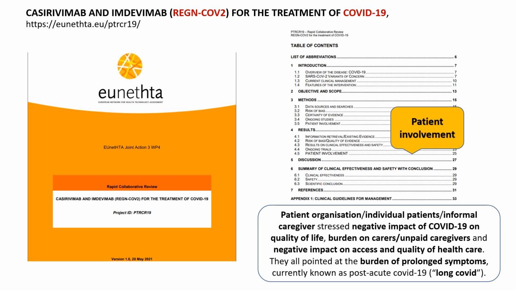A patient organization, an individual patient, and informal caregivers were involved, and they stressed the negative impact of COVID-19 on quality of life, burden on carers, unpaid caregivers, and also negative impact on access and quality of health care. They all pointed out the burden of prolonged symptoms currently known as long COVID.